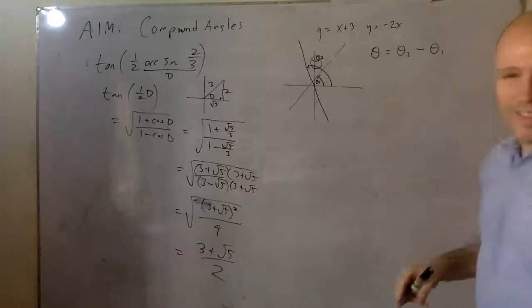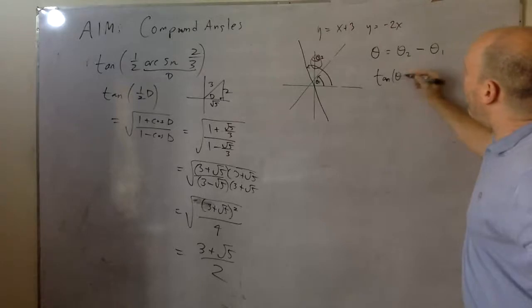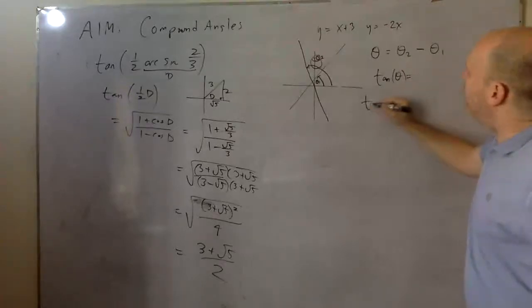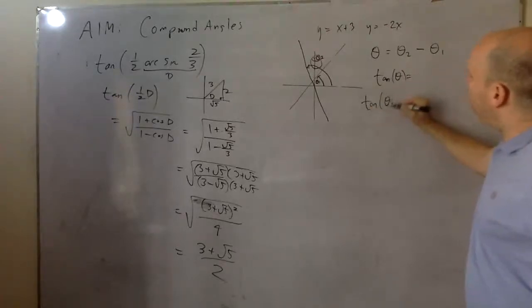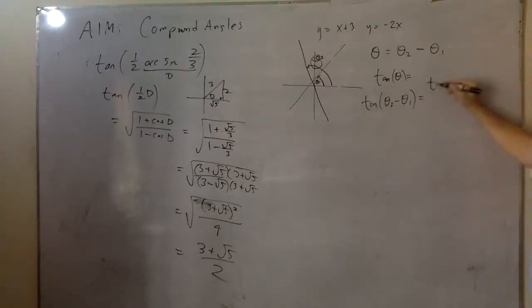So what are we going to do? Well, this is kind of cool. We're going to take the tangent of theta, which is equal to the tangent of theta 2 minus theta 1, which is equal to the tangent of theta 2 minus the tangent of theta 1 over 1 plus the tangent of theta 1 times the tangent of theta 2.